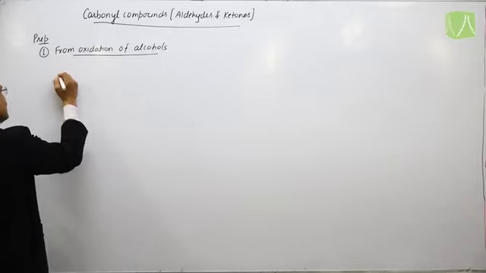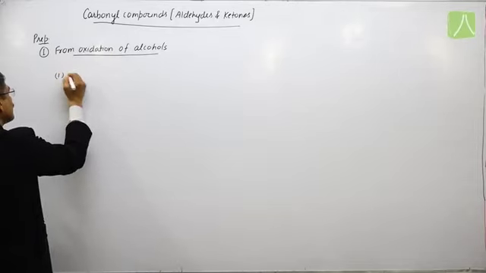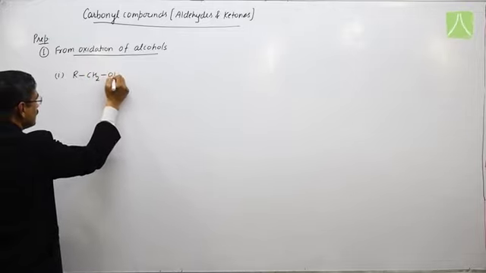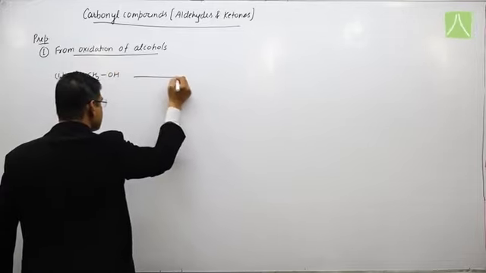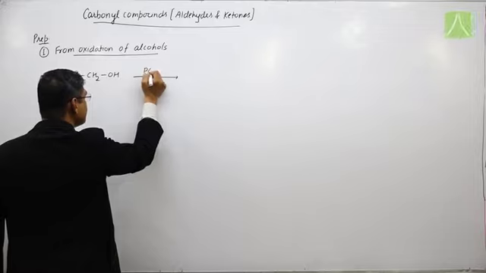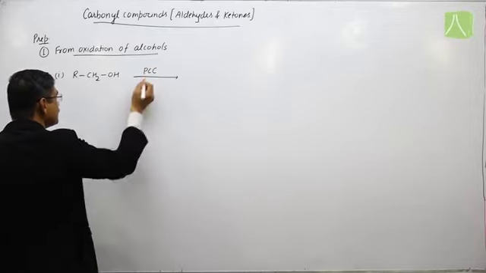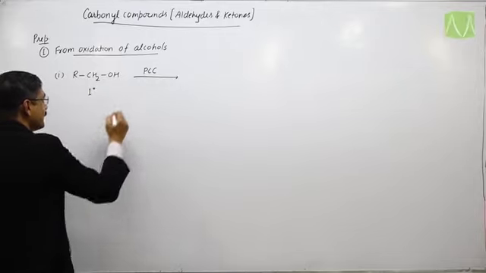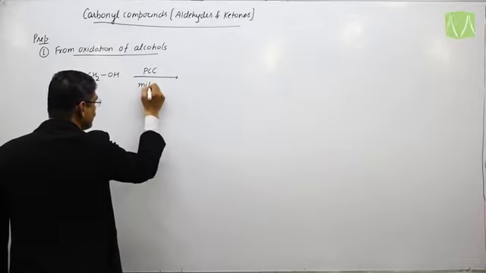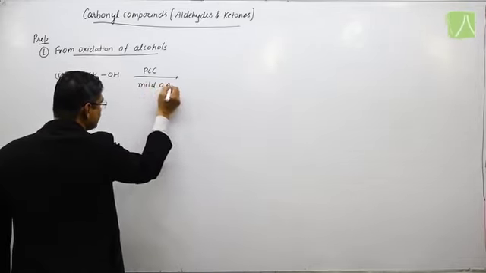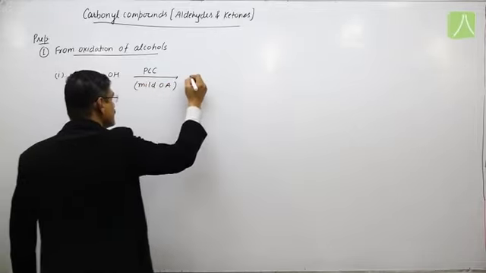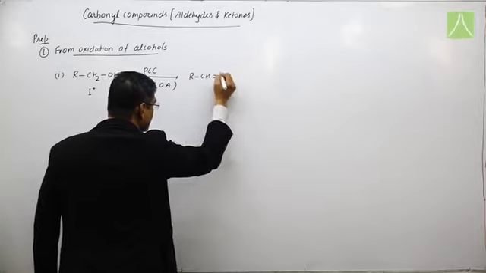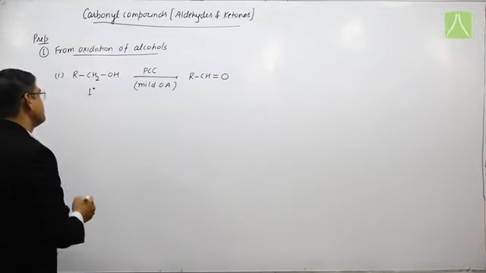When 1 degree alcohols are oxidized with mild oxidizing agents like PCC, pyridinium chlorochromate, this is the mild or weak oxidizing agent. So aldehyde is produced. So 1 degree alcohols give aldehyde.